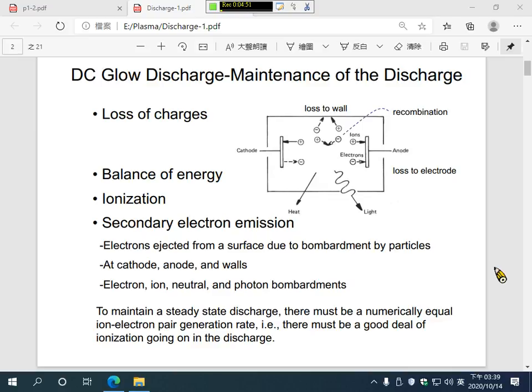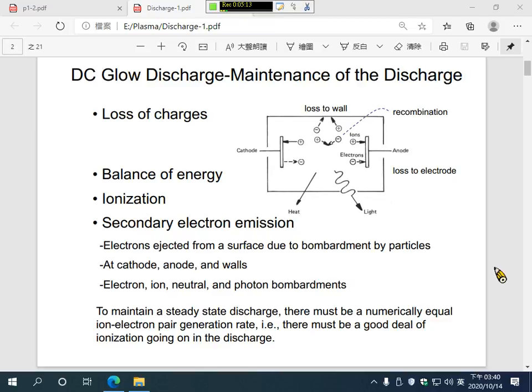So in order to keep the plasma in a stable condition, one needs to supply energy and also needs to supply the electrical current. Okay, so one needs to balance the energy and balance the loss of charges.